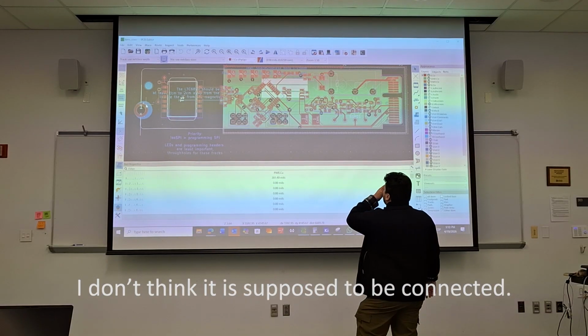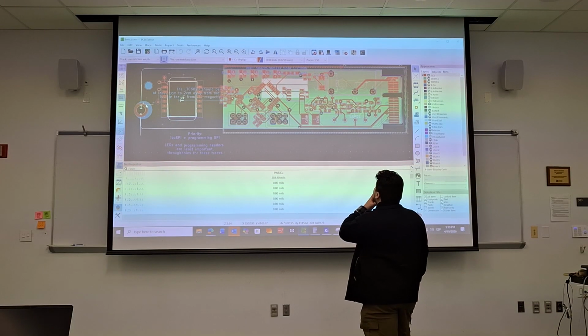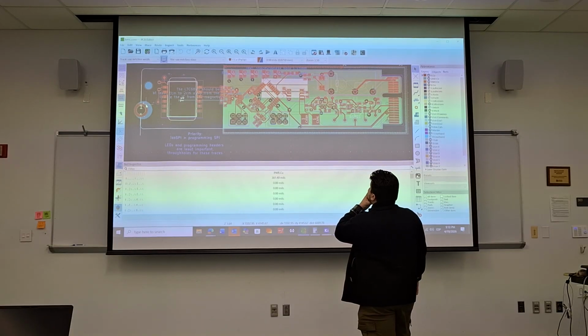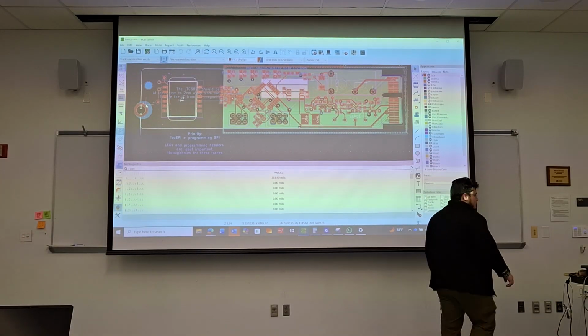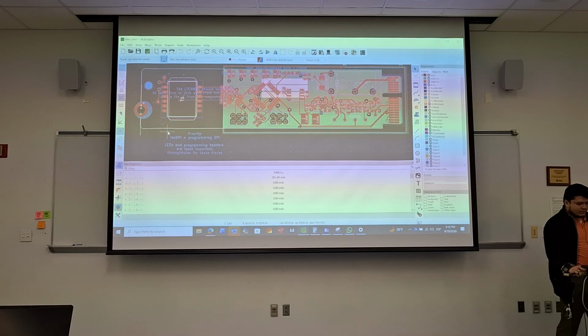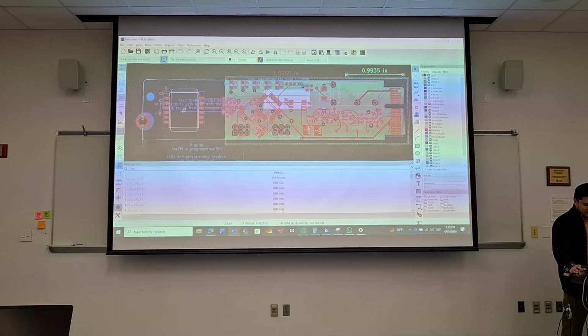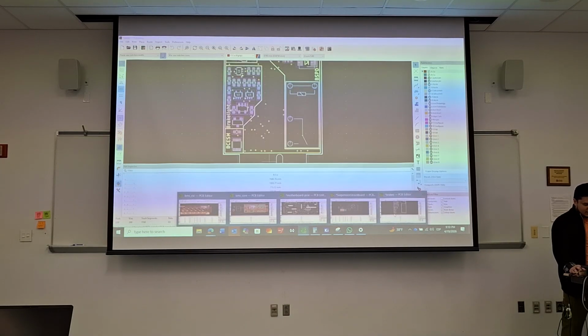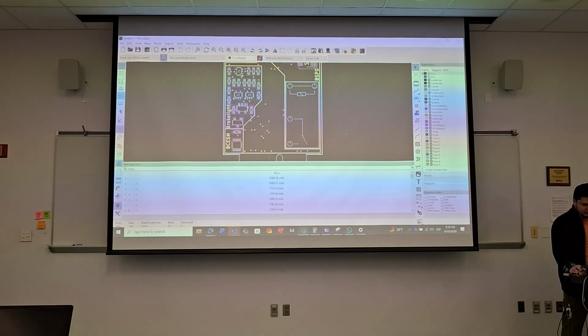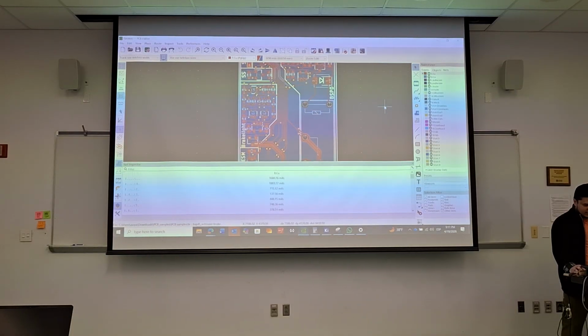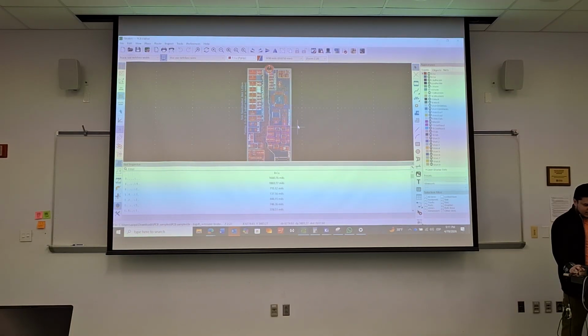Yeah, I see an X, so I would hope it isn't. Ideally, getting a ground layer would be ideal. Again, I'm not a power person. I do radio frequency design, so I can only provide so much guidance.